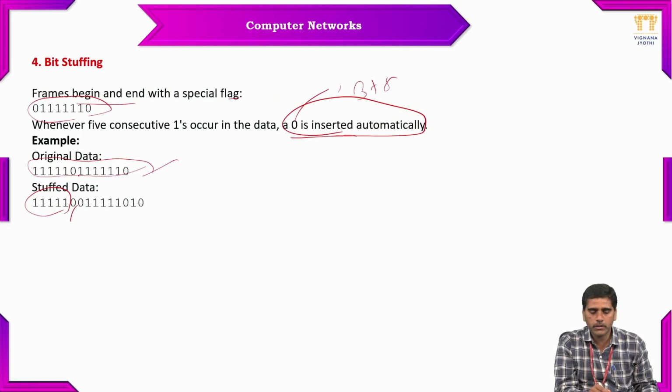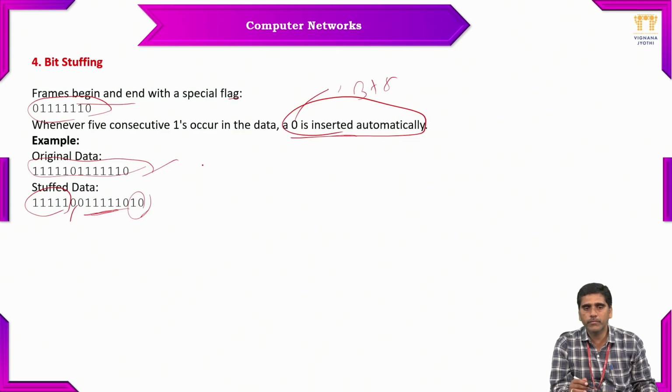The remaining 0 is common, and again 5 ones occur. After 5 ones, again a 0 will be added, and the remaining last 2 digits 1 0 will occur. That is the way bit stuffing occurs.